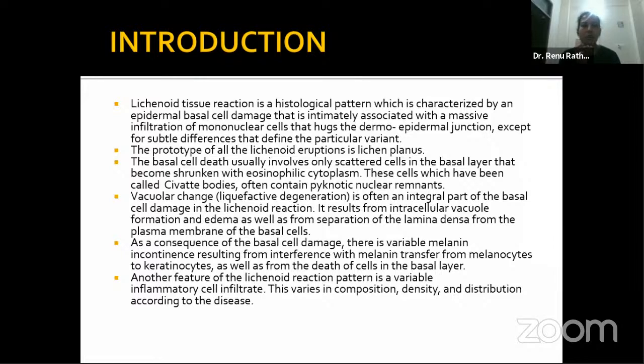The prototype of all the lichenoid eruptions is lichen planus, and the basal cell death usually involves only scattered cells in the basal layer that become shrunken with eosinophilic cytoplasm. These cells, which have been called civatte bodies, often contain pyknotic nuclear remnants.